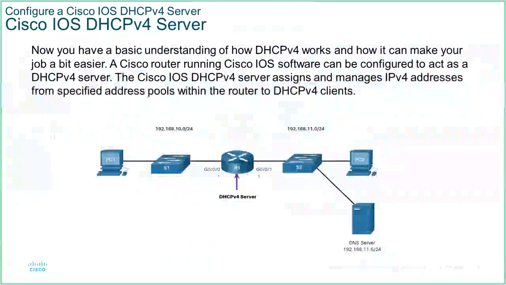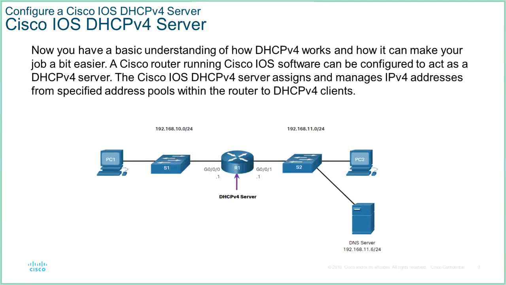So in this scenario, we'll basically look at it as the topology there, the router serving two networks, being the 192.168.10 and the 192.168.11 networks.